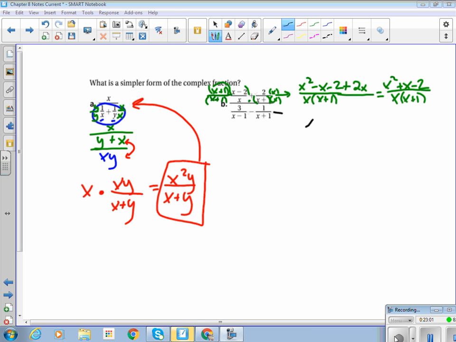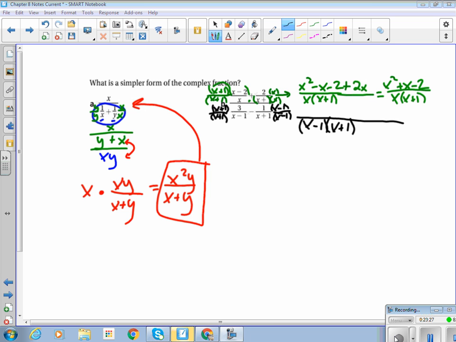Then for my denominator here, this one has an x minus 1 and an x plus 1. So to have a common denominator, I'm going to need an x plus 1 on the top and on the bottom on the left-hand side, and an x minus 1 on the top and the bottom on the other.